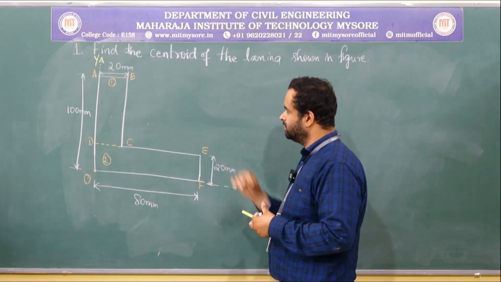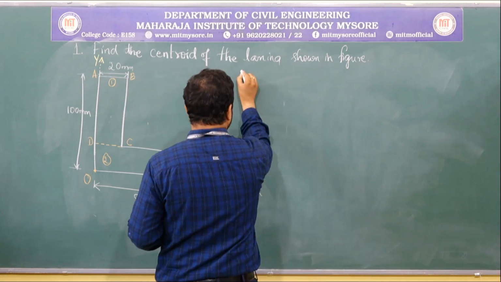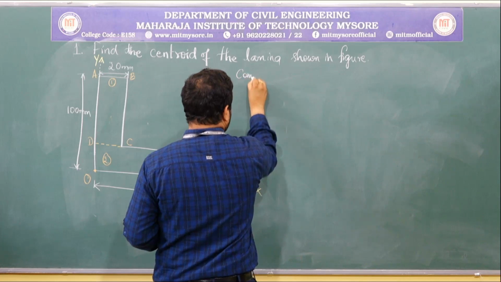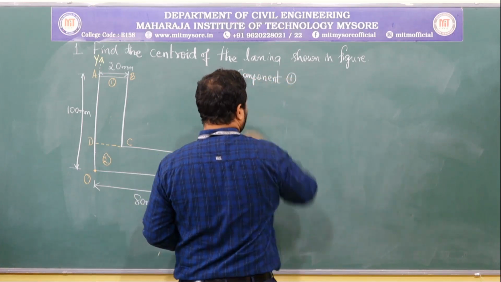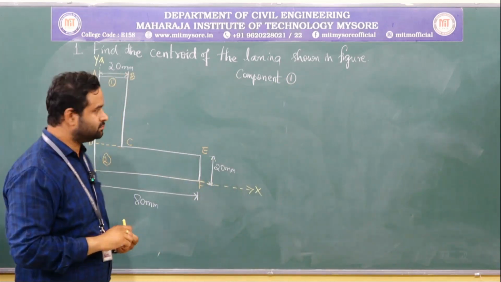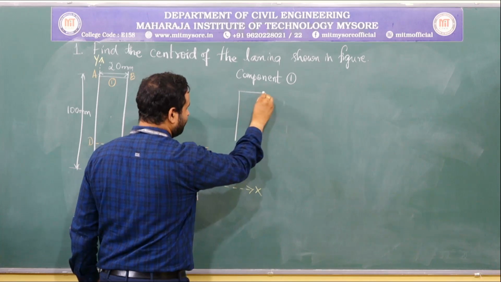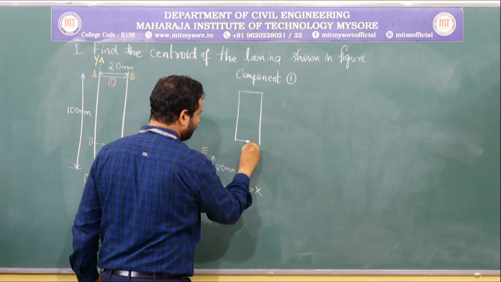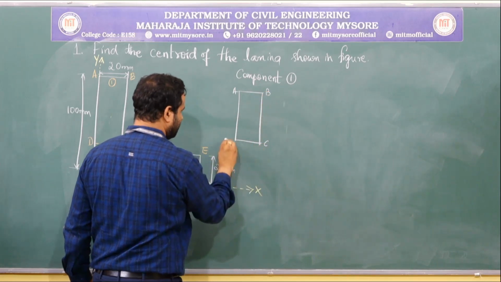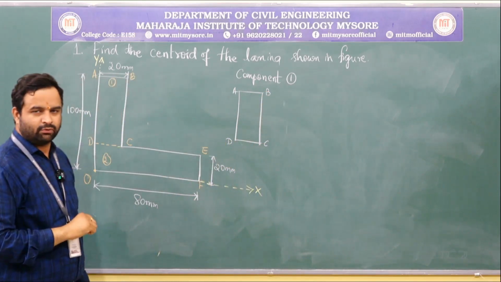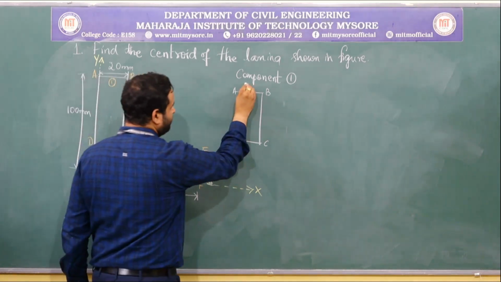So for the first component, component 1, which is a rectangle A, B, C and D. And what are the dimensions? X dimension is 20 mm.